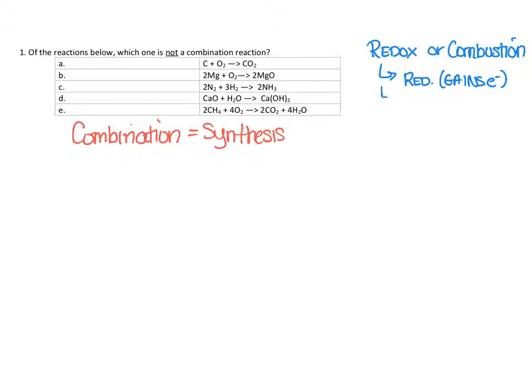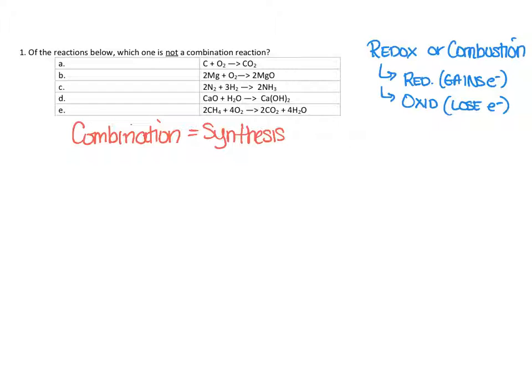And you're looking for oxidation, which is a substance losing electrons. And these things have to happen simultaneously within one reaction. So you're not just looking for a reduction to occur, you're looking for one substance in the reaction to lose electrons and a different substance to be gaining them.